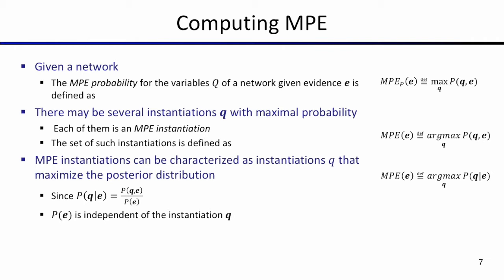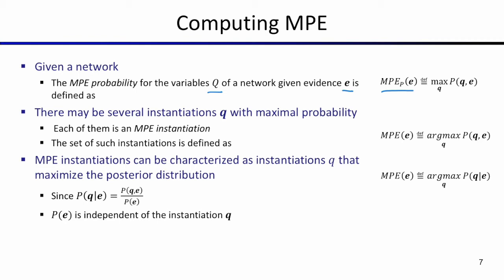In this case, remember that we don't have a hidden variable. So everything that we're going to have are the query variables, the Q, also known as the MAP variables, and also the evidence variables. And these are the 2 sets of variables that we have from the network. Our objective is to compute the MPE probability, and we're going to use this notation here.